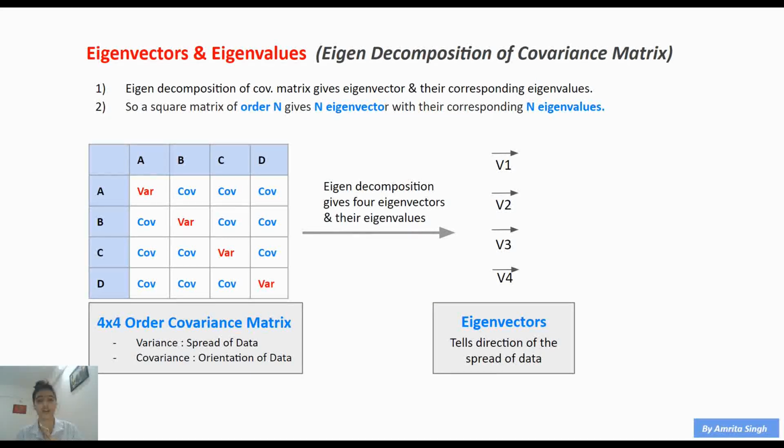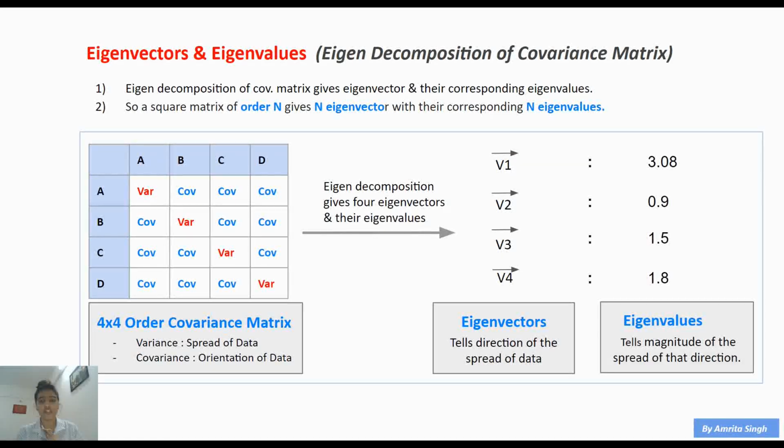I said that the eigenvector tells the direction of the spread of the data, the direction of the principal component. Corresponding to each eigenvector we have an eigenvalue, which tells you the variance captured by that eigenvector. So a higher value means a highly significant eigenvector or principal component.